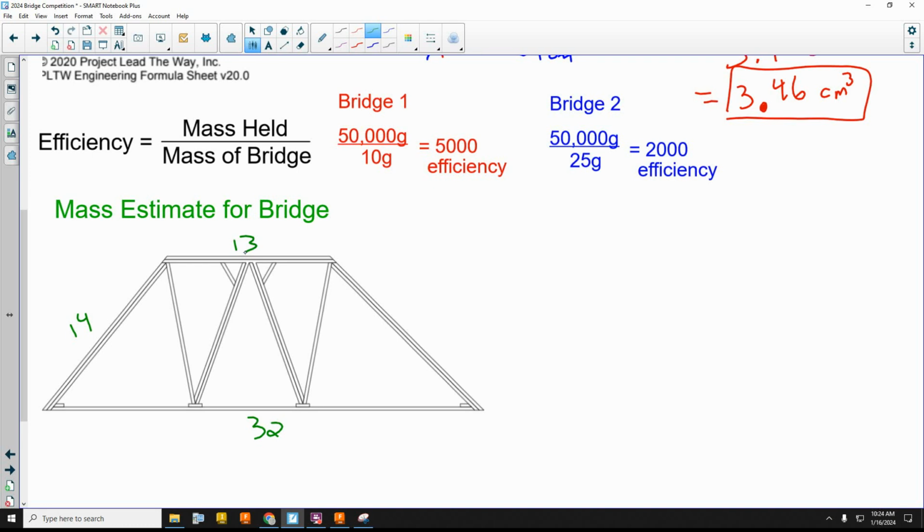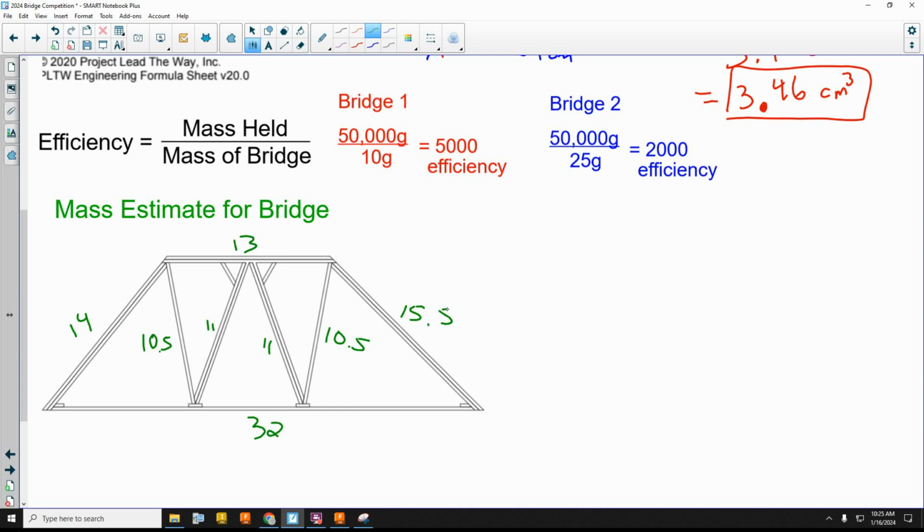And then my triangular pieces, this is 10.5. That side's 11. That one's 11. That one's 10.5. And the other leg's a little bit longer. It's about 15.5.